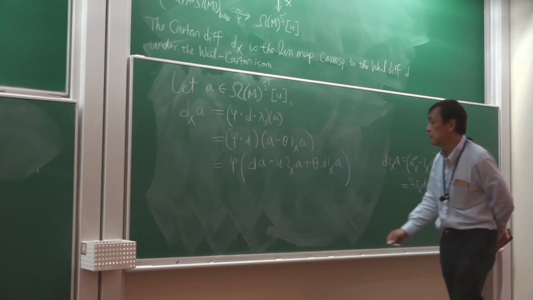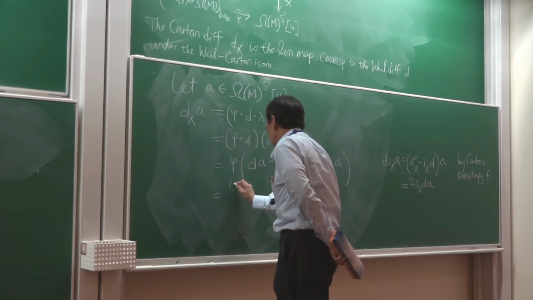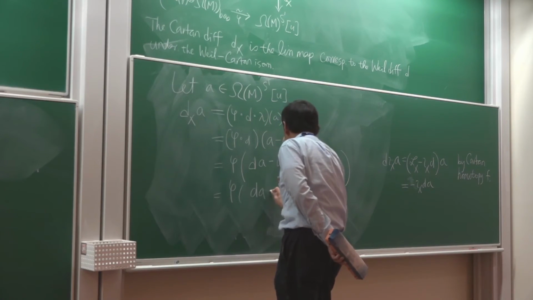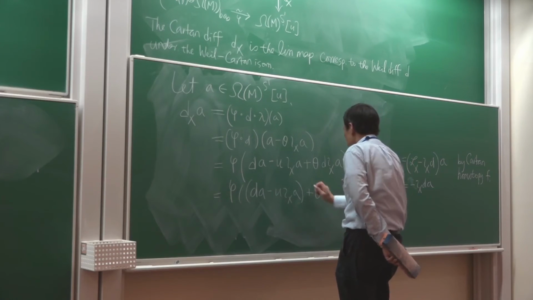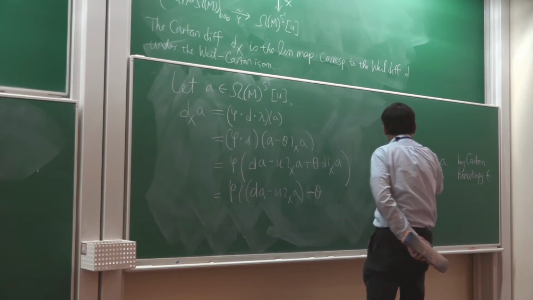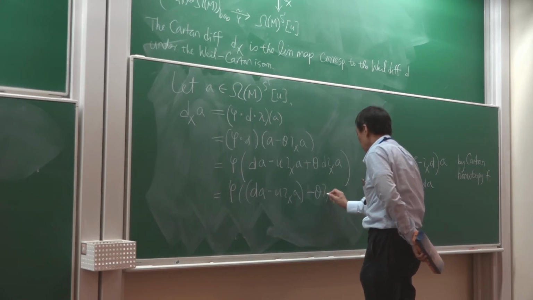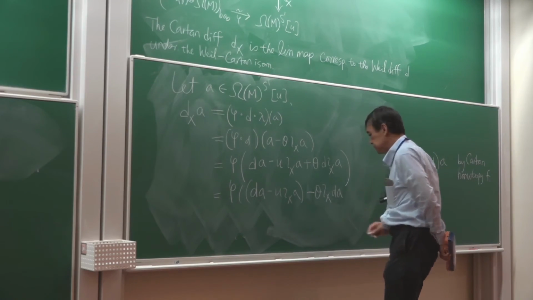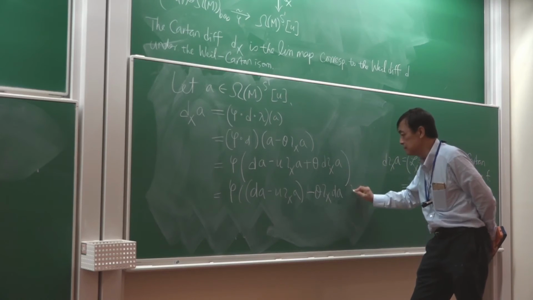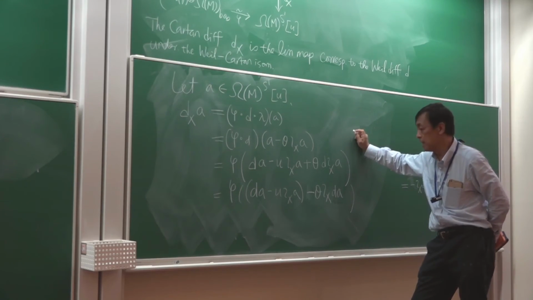Okay, so here this becomes phi of dA minus U i_x A plus theta, okay, minus theta i_x dA.